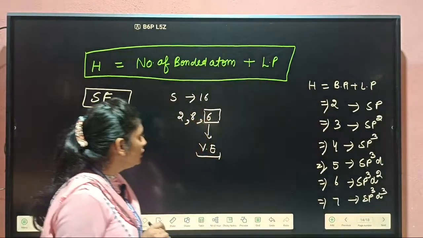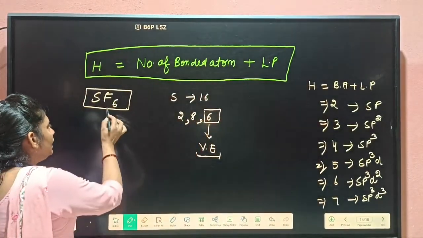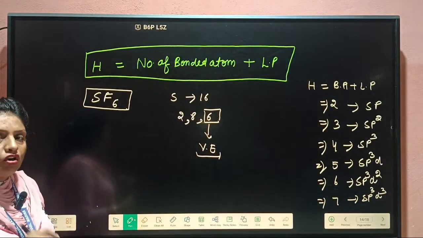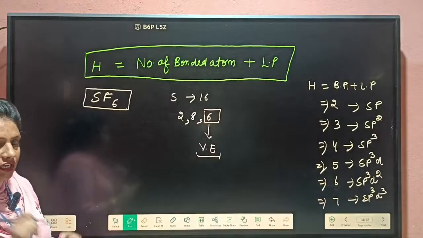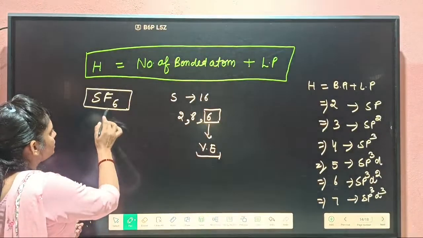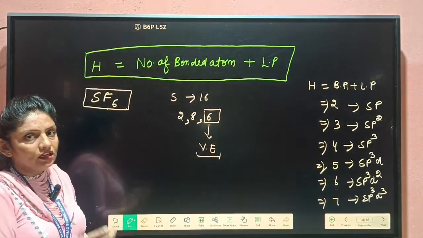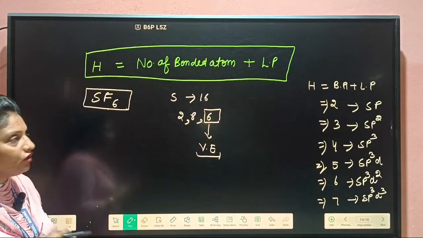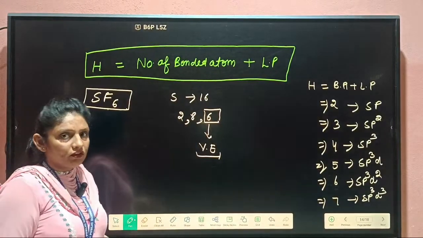Okay. Then students, you can see SF6 means it is forming bonds with 6 fluorine atoms. So students, it is already forming all the bonds. It is consuming all the electrons in bond formation, so no lone pair will be there.